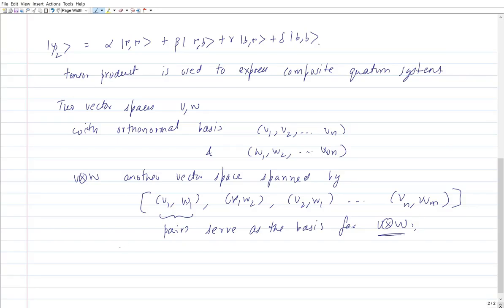So in other words, I call V this symbol, this is the symbol for tensor product, this is the tensor product vector space.